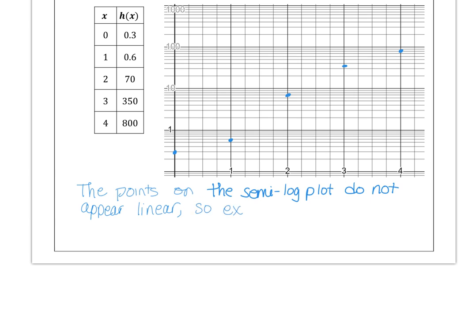So exponential is not appropriate for this set of data.